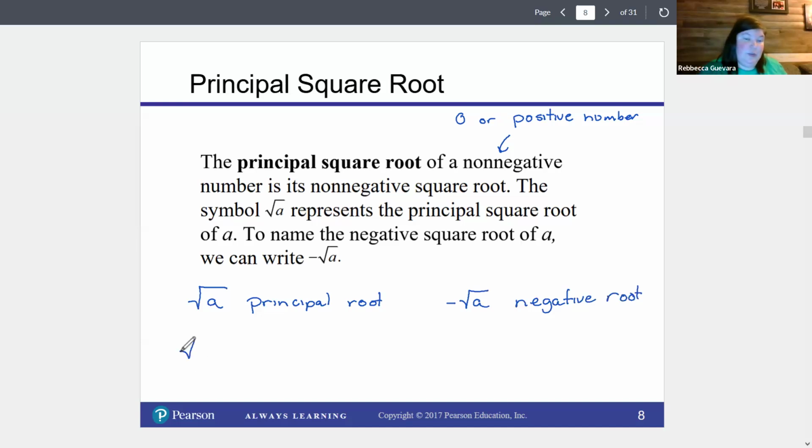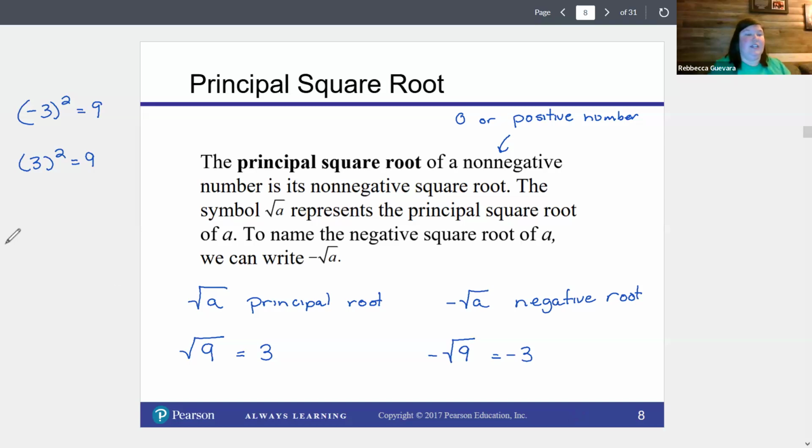So if I did the square root of 9, we know that -3 squared is 9 and positive 3 squared is 9. What I'm looking for here is just the principal root, so I'm just going to have the positive 3. If I say I want the negative root, then I'm going to say negative square root of 9, and that one's telling me I want the -3.